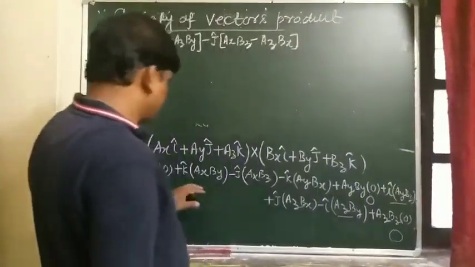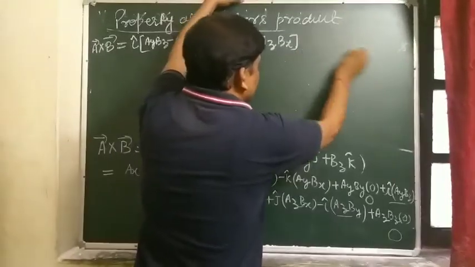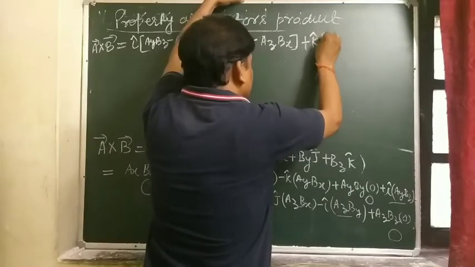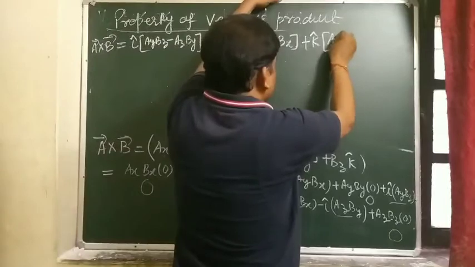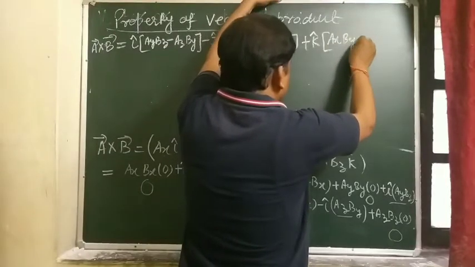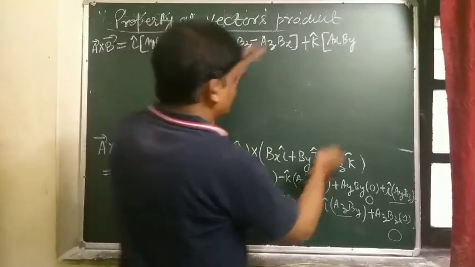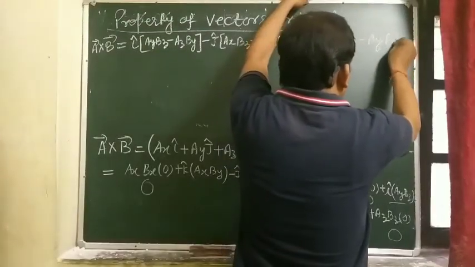Next, the K term is taken common. So it comes out to be ax by and ay bx, minus ay bx.